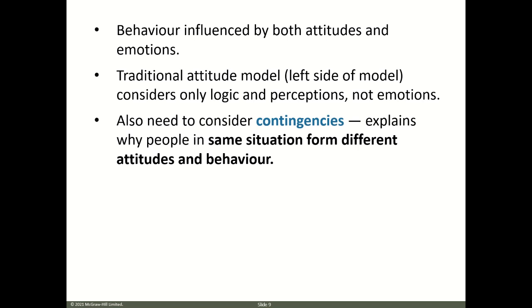They explain why people in the same situation form different attitudes and behaviors. Sometimes in the same situation one says okay, I agree, and on the other side another says I don't agree, I like this, and on the other side I don't like this. Objects are the same, right? But the situation changes. Sometimes the same situation brings different behavior, different attitude. That is known as contingencies.